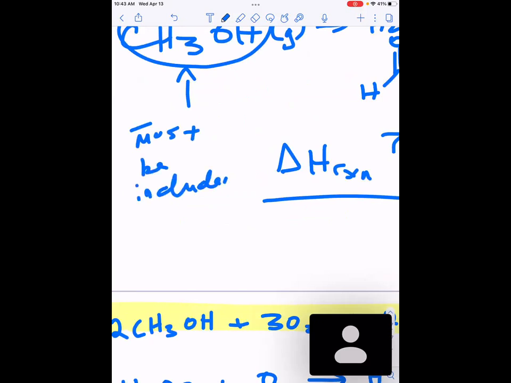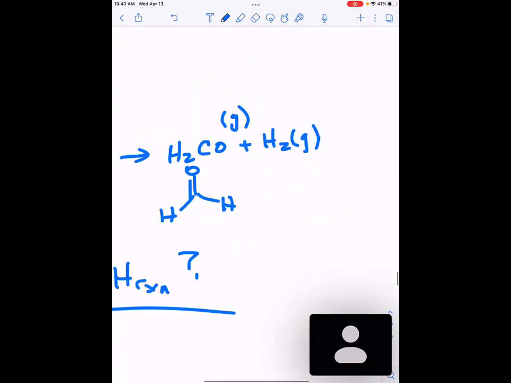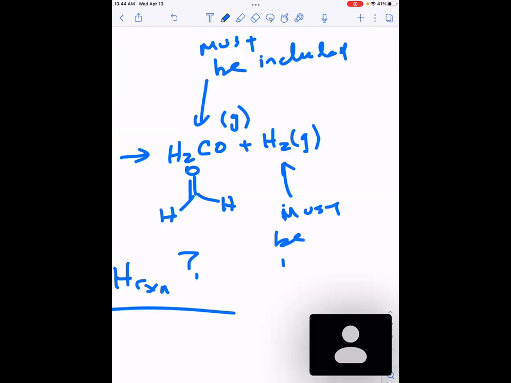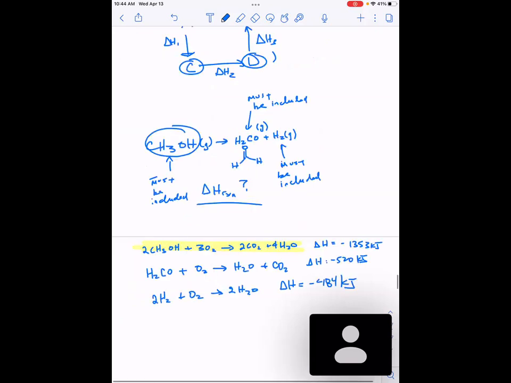The process for this is similar to a redox, where you're going to end up adding reactions together to get a total reaction and canceling out things that are the same. So let's see what we got. We need this included, and we need this included. And the stoichiometry's got to be the same.